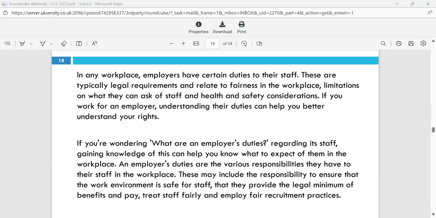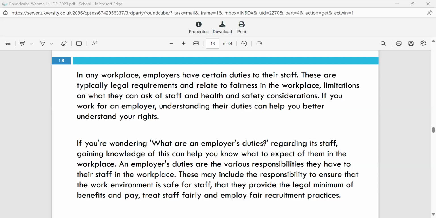Pay is really important. They need to be paying the national minimum wage and deduct tax and national insurance. They need to provide leave and pay, so ensure employees receive their legal holiday entitlement, statutory sick pay, and statutory parental pay, and also pay employees for untaken holidays.